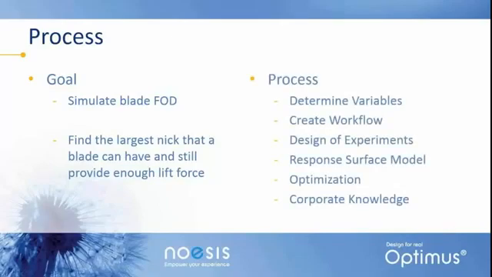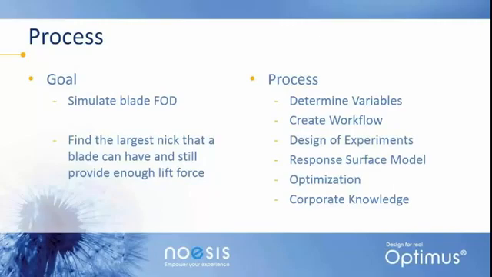The process that we're going to go through in order to do that is that we'll first determine the input and output variables that are needed to control the blade and to also get the information that we need from the blade. We will then use that information to create an automated workflow inside of Optimus. That workflow will drive a design of experiments, and then the DOE response data will be used to create what's referred to as a response surface model, or a mathematical approximation of our design space.